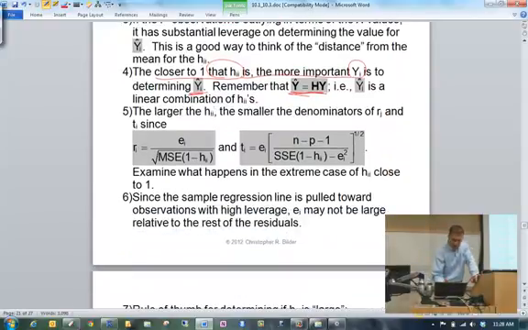Take a look at this. Look where h_ii ends up being in our studentized residual and studentized deleted residual equations. So if h sub ii is large, meaning it's close to 1, what's going to happen to the denominator?